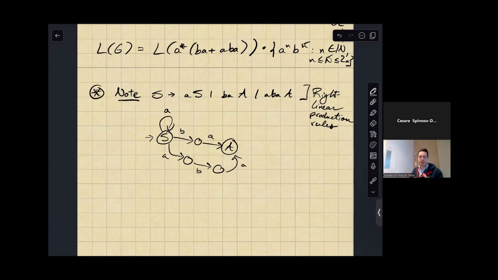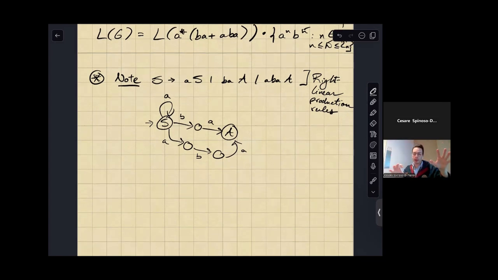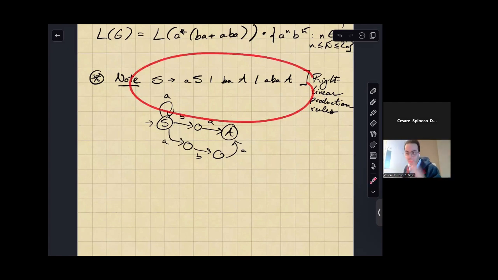So then I get something that looks like an NFA, and then I can convert it to a DFA. And so this rule applies in general to any grammar that only has right linear productions.